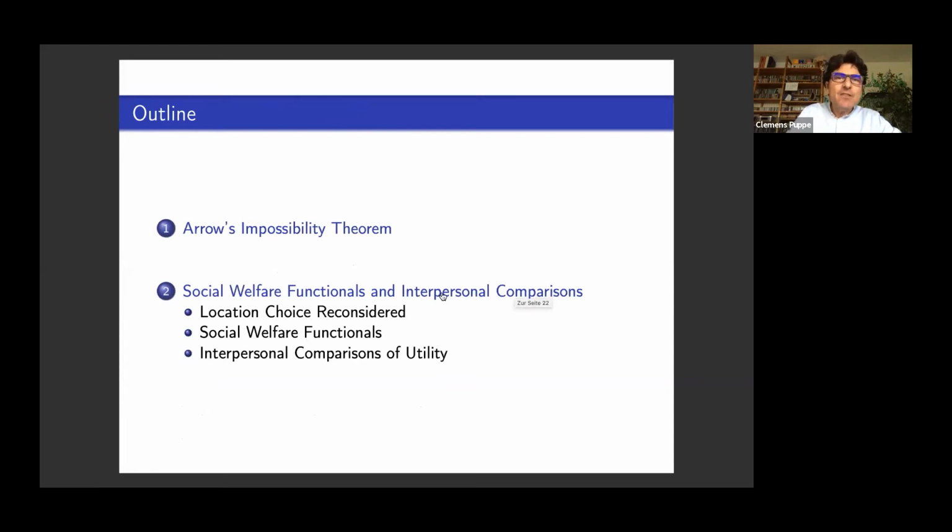If we can do interpersonal comparisons, then something new happens in this theory. But for the first part of this slide set, I assume that we cannot do interpersonal comparisons. That's the assumption here: I cannot say that one person with one candidate is better off than another person with another candidate. It's not clear how to make these comparisons.